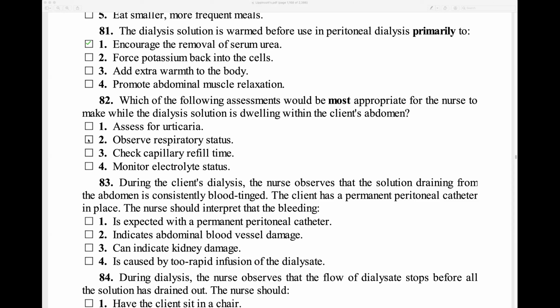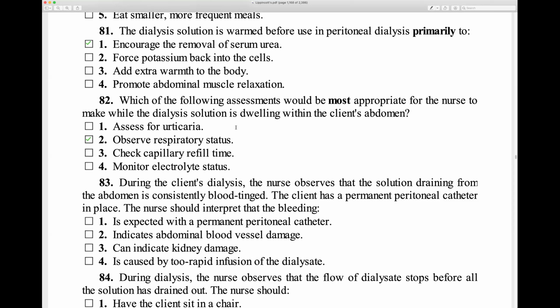Very good. The correct answer is choice two. So this is basically saying what is most important for you to assess while the patient has the fluid in their abdomen for peritoneal dialysis.